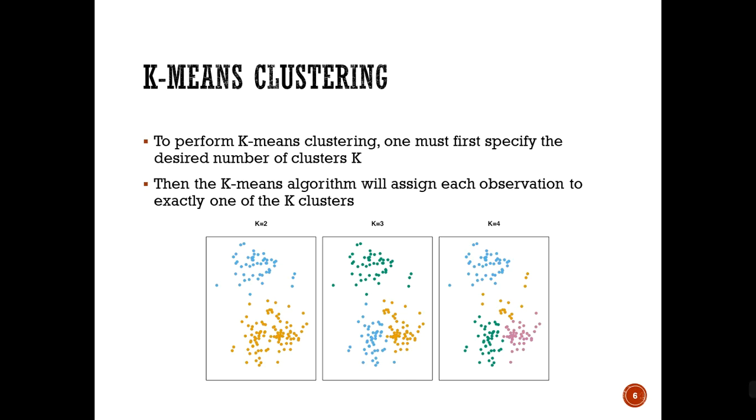If we specify k equal to 3, it would be forced to find 3 groups, and the 3 groups k-means clustering found are indicated here by 3 different colors: green, blue, and gold. So what k-means clustering has done is it's broken up this apparently homogeneous cluster into 3 clusters.